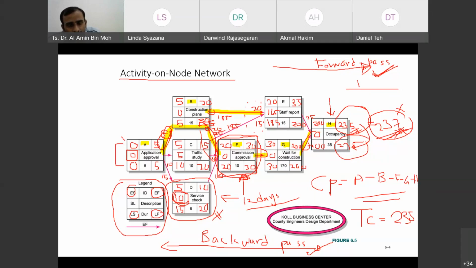I circled it here, the box with activity E. So I'm asking you what will happen to the project completion time if this activity is delayed for 100 days?